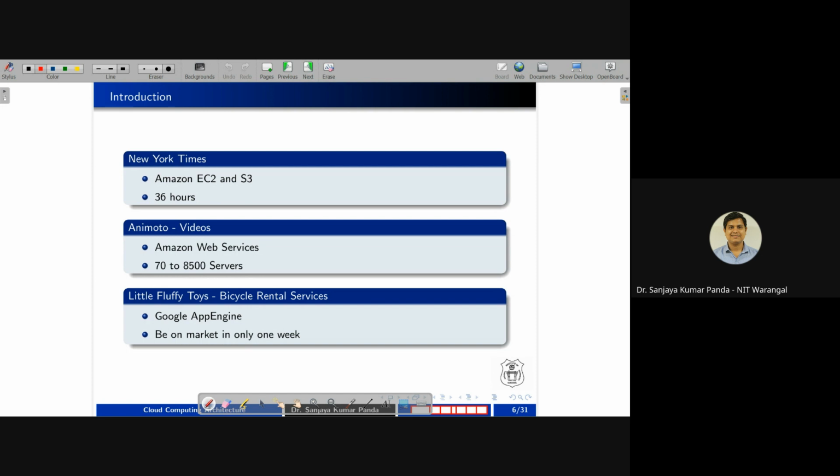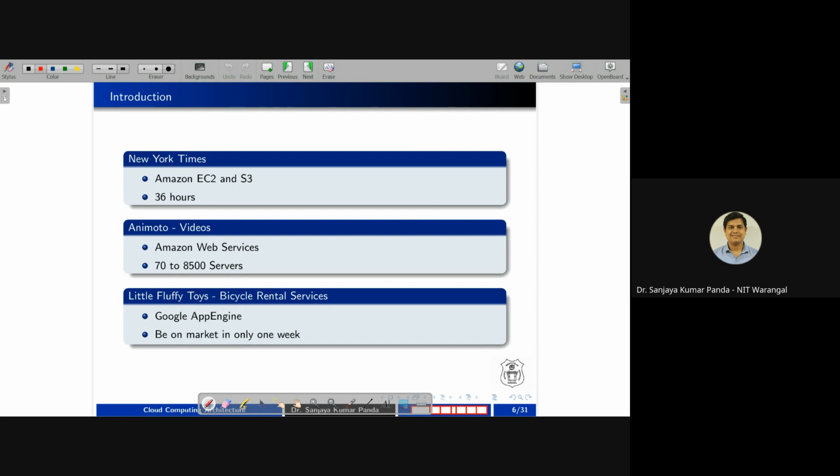So New York Times decided: why don't we convert this traditional printed newspaper to a soft copy, an electronic format, so that at any point of time any user who wants to view a newspaper, or wants to know, let's say, in 1950, on one particular date, the New York edition, what news was published at that particular time. I just want to know that, right?